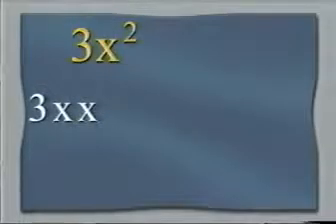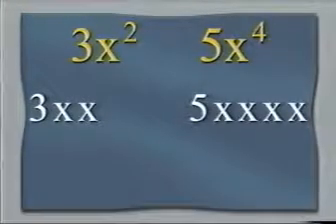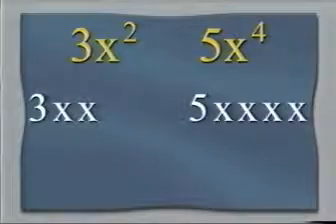The 17th century brought exponential notation to where it is today. In 1637, there's that year again, René Descartes, there's that guy again, wrote 3x squared as 3xx and 5x to the 4th as 5xxxx.